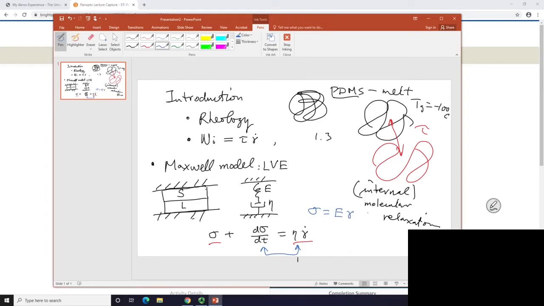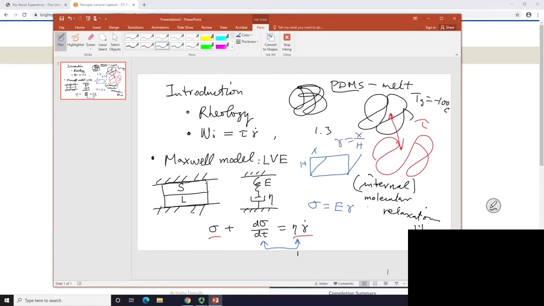that if you have a certain deformation, for example you tilt it a little bit, then this tilt is x over h, gamma, of course, is x over h. Then it turns out the stress will be proportional to how much this tilt or shape change occurred.